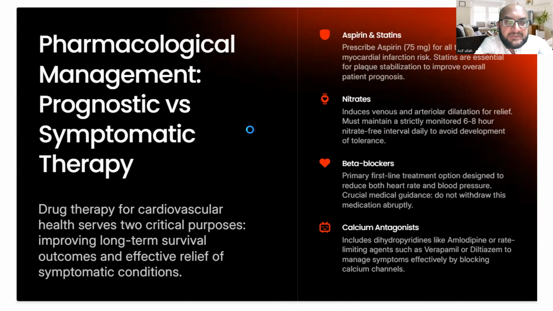Pharmacological management. Whenever we are managing a patient, first of all, we have to go for precision medicine. But given that the aspects are symptomatic, then prognostic, to some extent preventive, there are different drug therapies.